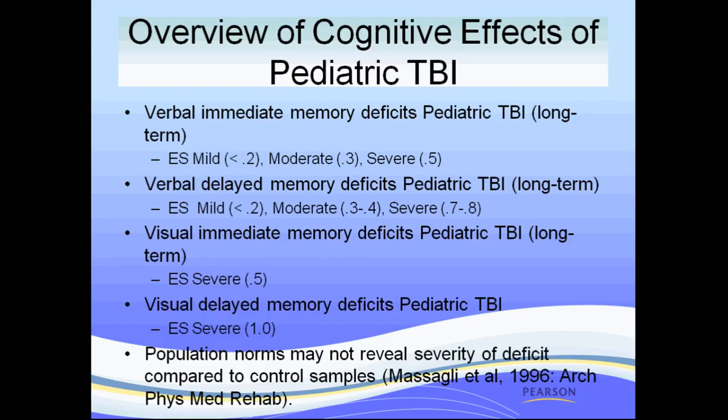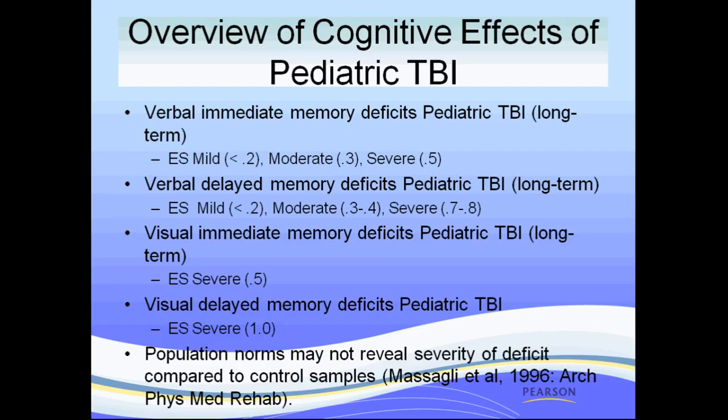It's not having to go into long-term memory. They spit that back out, and then they're able to get more from long-term memory. But later on, when you go to the long-term trial, that information is no longer in working memory. They have to pull everything out of their long-term stores. And that's why you get a larger effect on delayed for the severe group, close to a 1.0 effect size.